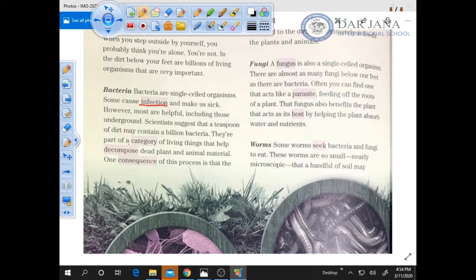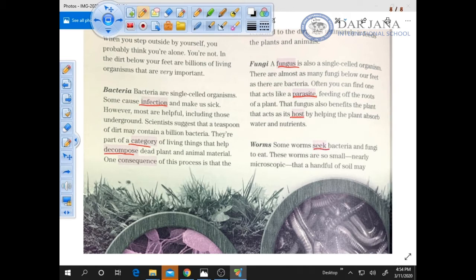Another word we have, category, decompose, we have fungus, we have parasite, we have seek, and so forth.